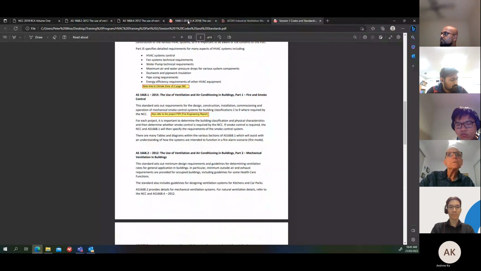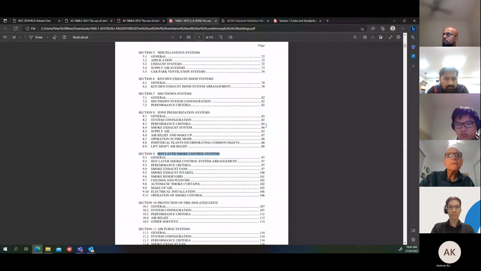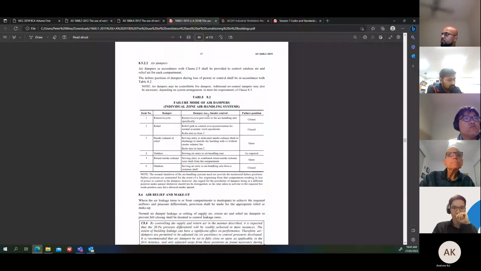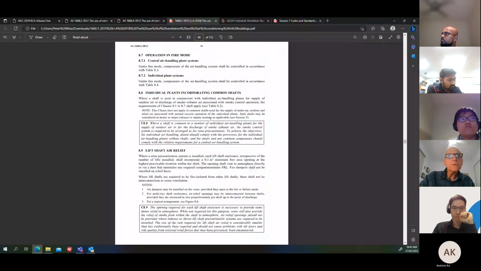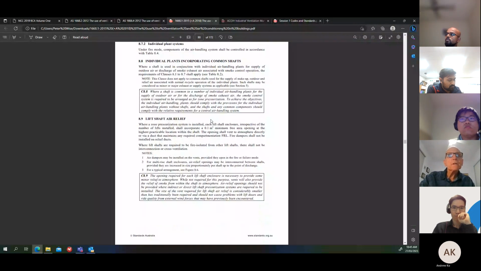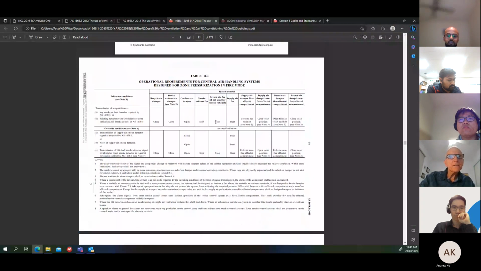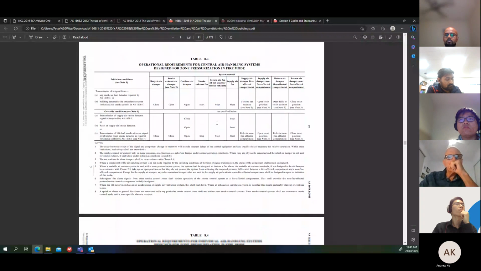What I will do is just, as an example, go to the end of section 8, the zone pressurisation systems. So if we go to page 88, I'll just scroll through. There's some tables there that tell you the operational requirements of things that start, stop, open, close, dampers and fans and so on.